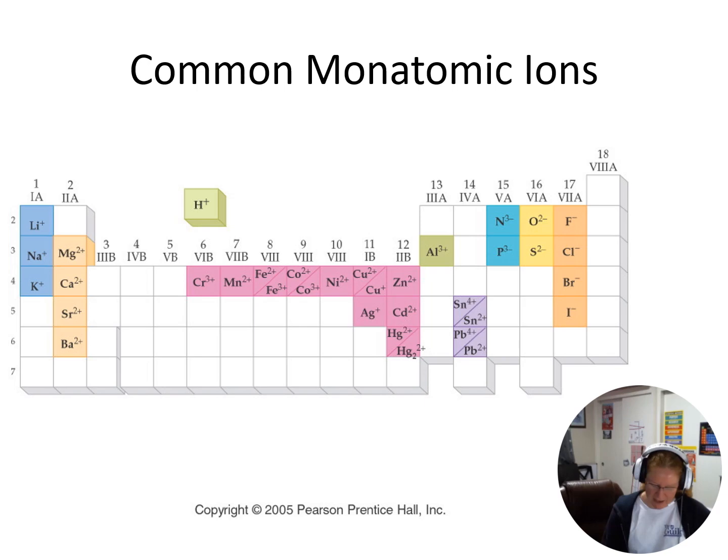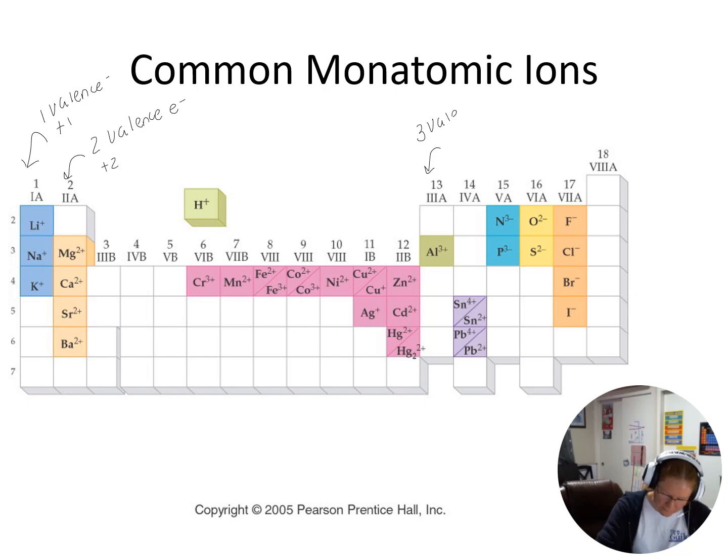Okay, and so again, group 1A, one valence electron, they like to make that +1. Group 2A, they like to make the +2. Group 3A, they like to make the +3.